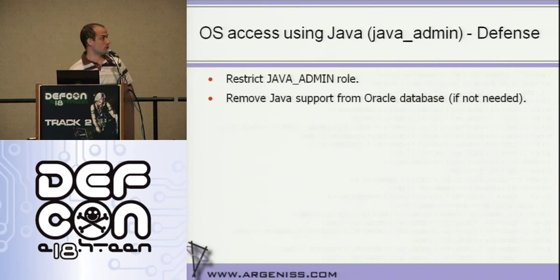Well, the way to defend from this attack is to restrict the Java admin role, that is the role that is needed to grant the Java permissions needed to access operating system resources, or to remove the Java support from the Oracle database if we don't need it.